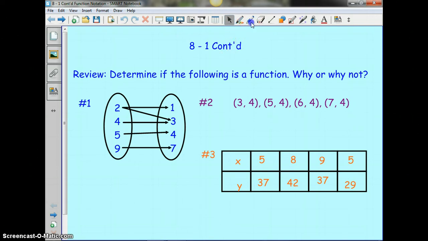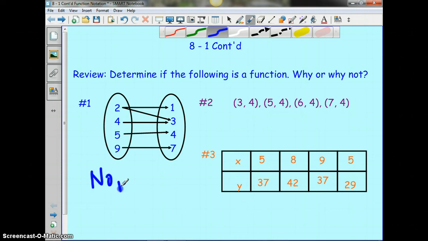Okay, the answers for these following questions. Number 1 is a mapping, and this is not a function because the 2 repeats to the 1 and it goes to the 3. So these are the inputs here and these are the outputs. So you could say for your reasoning 2 has 2 outputs, 1 and 3.